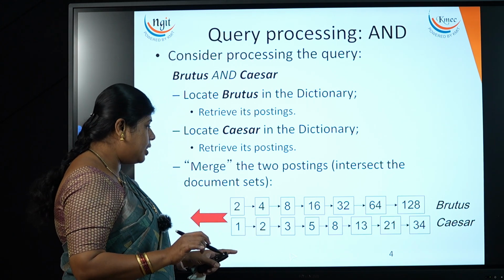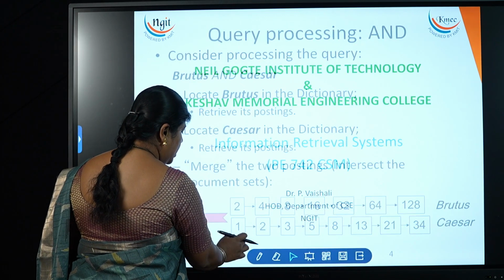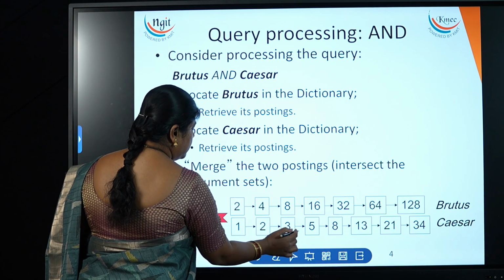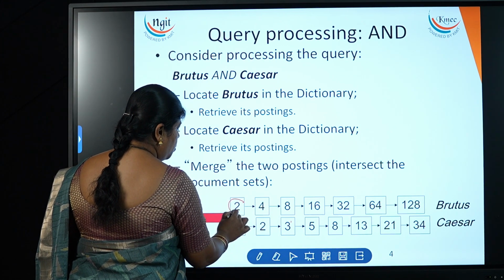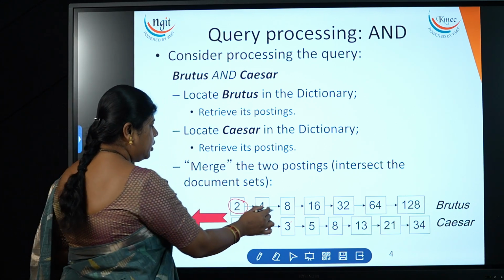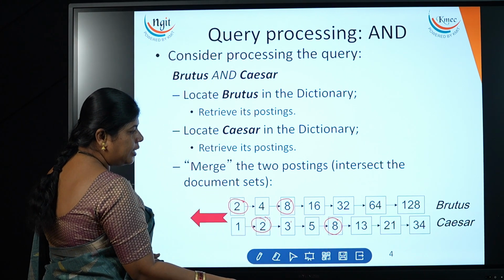Now here the most important thing that you should observe is that 2 and 2 is repeated here. One more thing, 8 and 8 is repeated. Is there any other repetition?